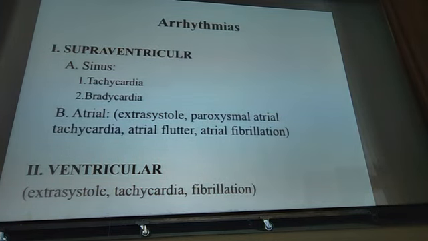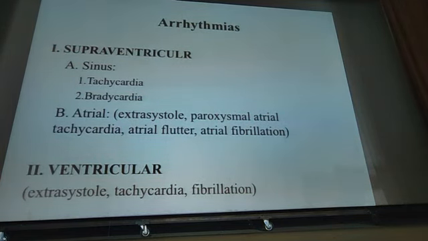If you do not treat VF, ventricular fibrillation, the ventricle of the heart will not contract properly. There is no pumping of blood. After a few seconds, 5 to 8 seconds, there will be fainting.